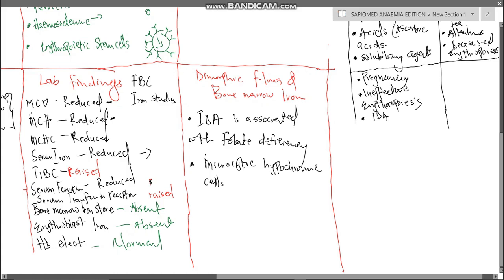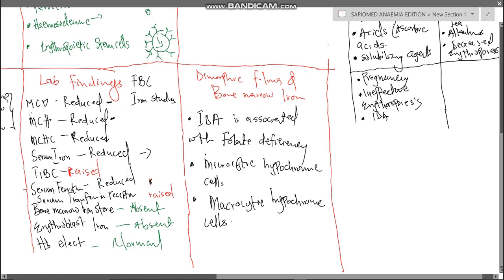Here we will see cells with two morphology. We are going to see both microcytic hypochromic cells, and then we are going to see macrocytic cells. So that is how the dimorphic film is seen in patients.